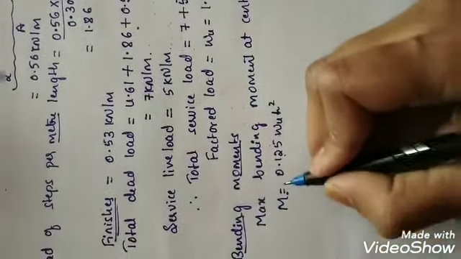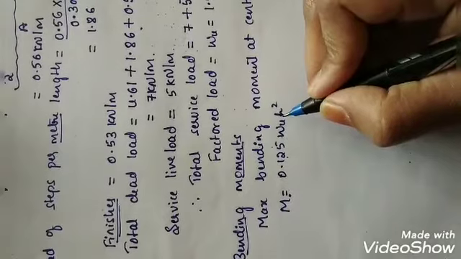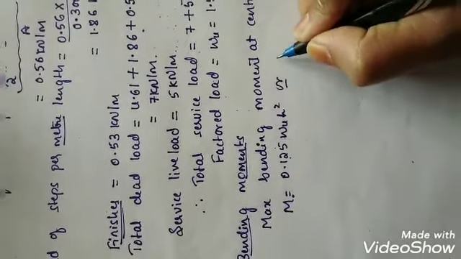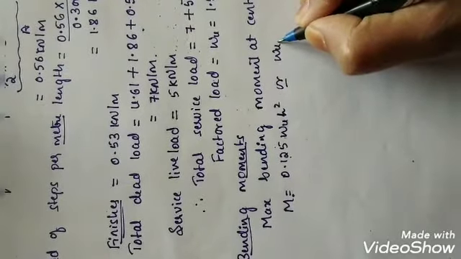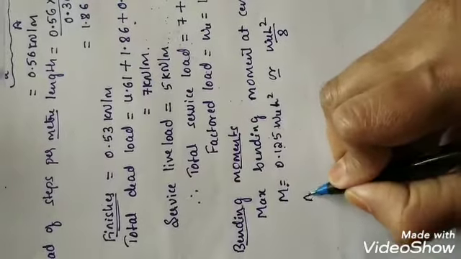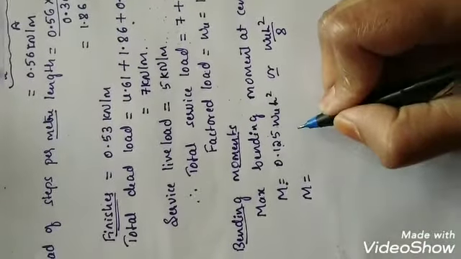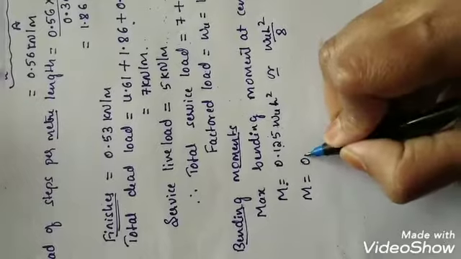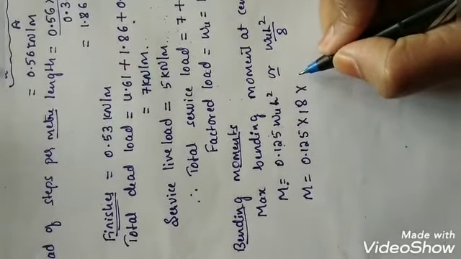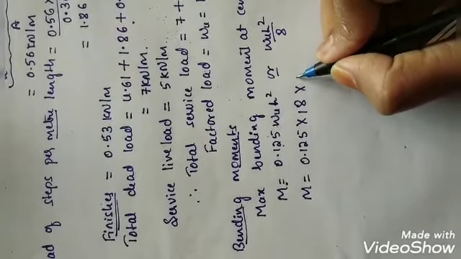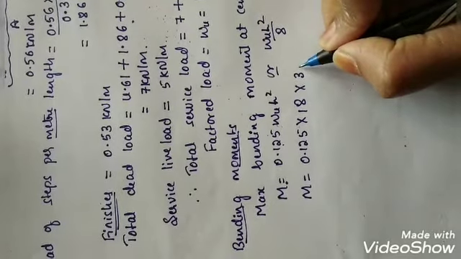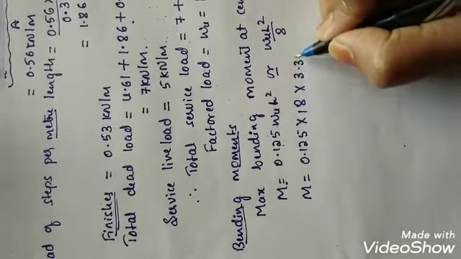We know the equation M is equal to 0.125 WU L square, otherwise nothing but WU L square by 8. If you substitute the values of W and L, which you have calculated already: 0.125, WU is 18, into the span, the effective span 3300 mm, I will convert that to meter, 3.3 square.